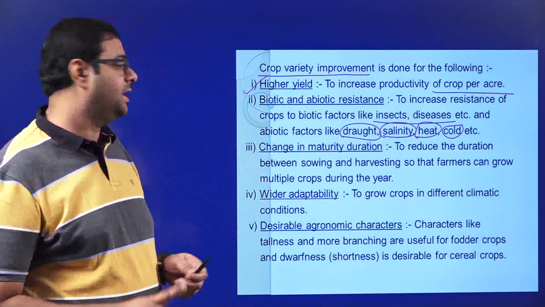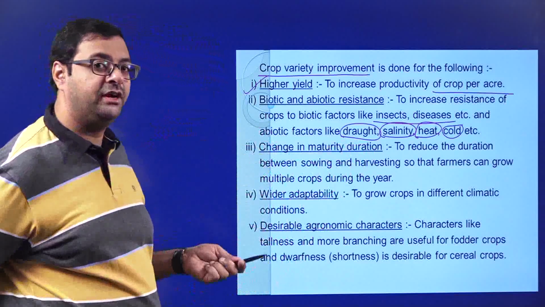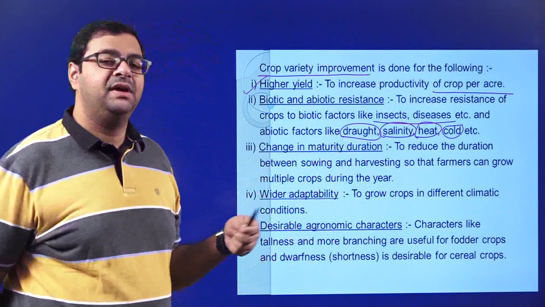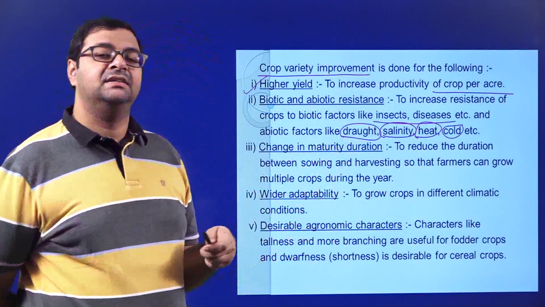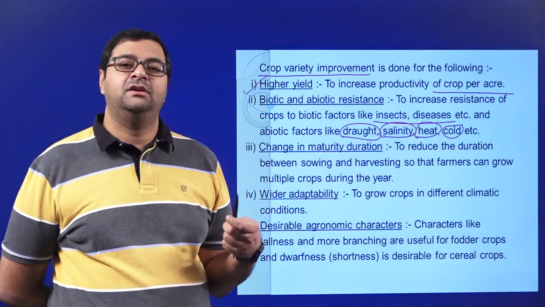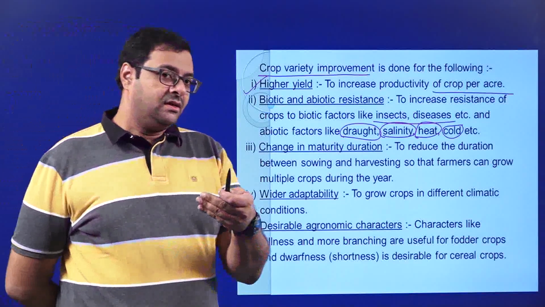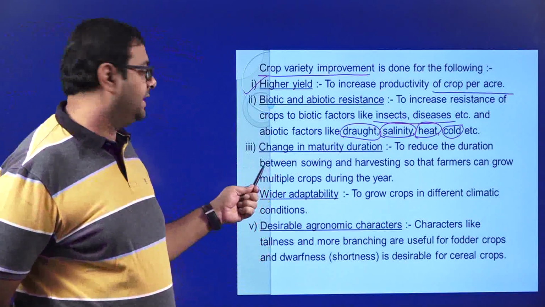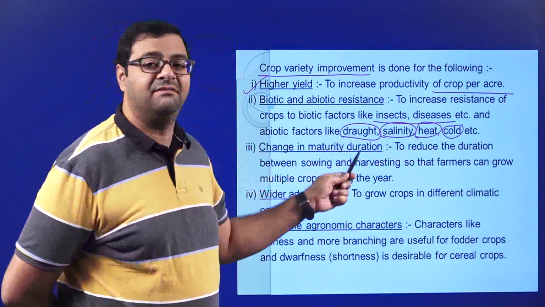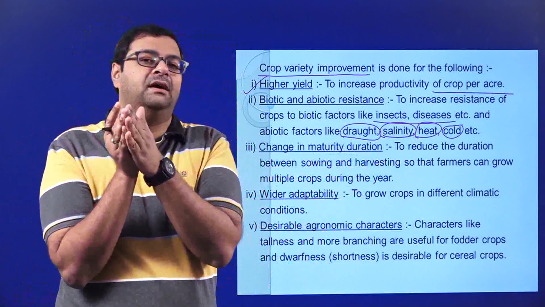Then the third one is change in maturity duration. What is this maturity duration? It is to reduce the duration between sowing and harvesting. As we discussed earlier, the Kharif season is from June to October.